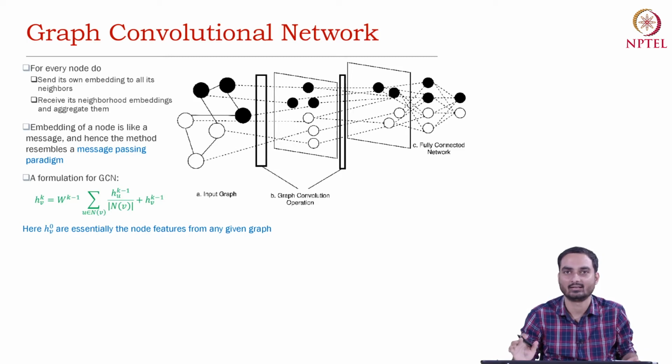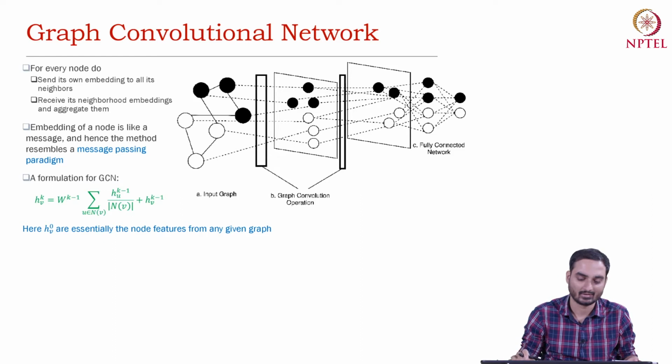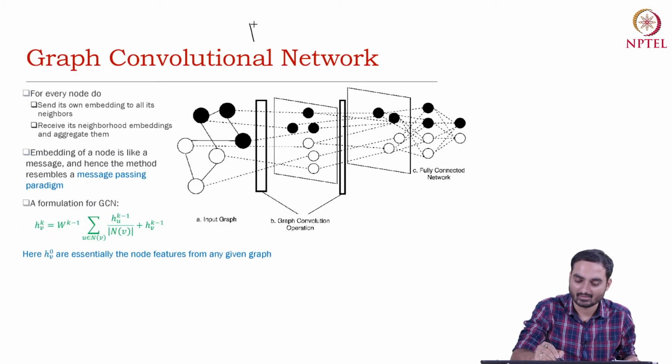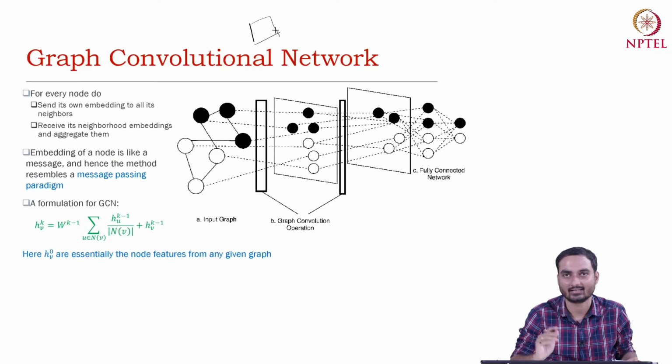So what is the fundamental idea behind graph neural networks? Let's assume that you have an image. For the image domain, how do we generally extract information and features? We essentially use some sort of convolution operation.